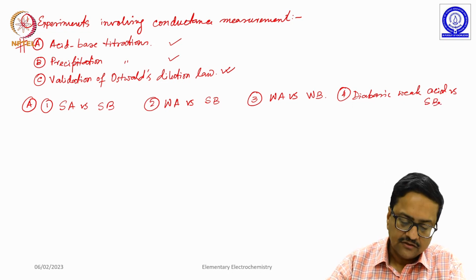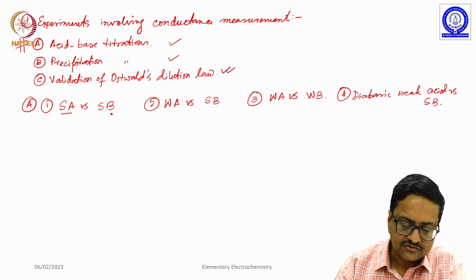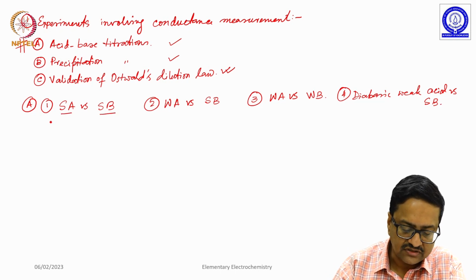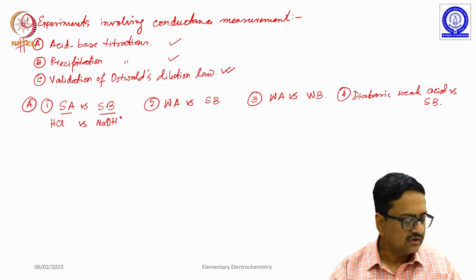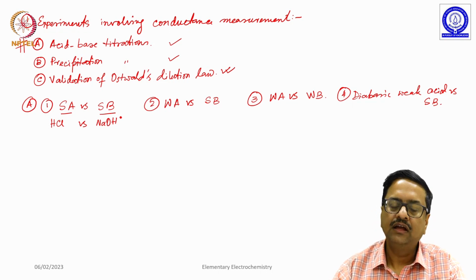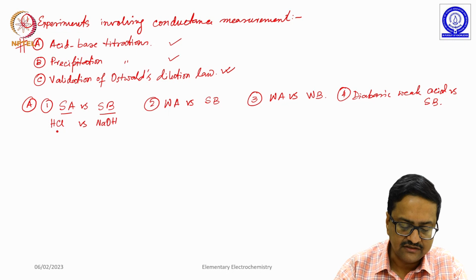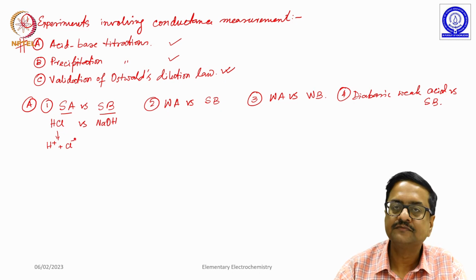So let us start discussing the case of strong acid and strong base using the example HCl versus NaOH. What we know is that HCl, being a strong acid, will remain fully dissociated as H plus and Cl minus.